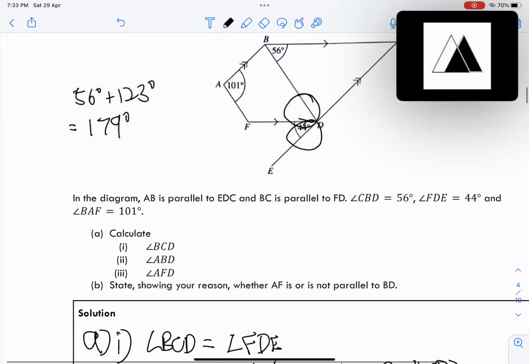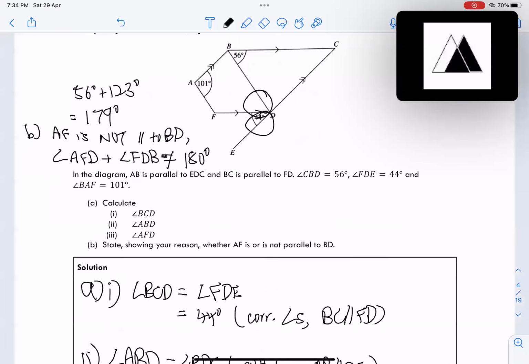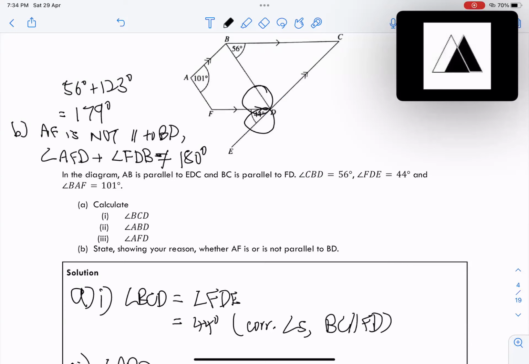So over here, you have to write: AF is not parallel to BD because angle AFB plus angle FBD is not equal to 180 degrees. Just like that. Then you're showing them you know what reasons you're supposed to use, you know the concept of parallel lines. It's quite straightforward.